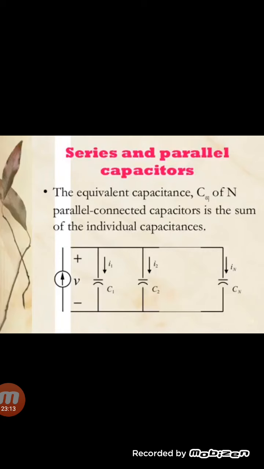So for the parallel combination, the equivalent capacitance C equivalent of n parallel connected capacitors is the sum of the individual capacitances of these parallel capacitors. If these capacitors are attached in parallel, then the total capacitance will be equal to the sum of the capacitances of these capacitors. Clear?